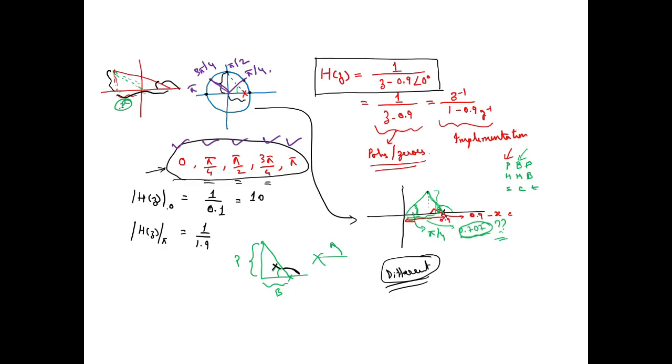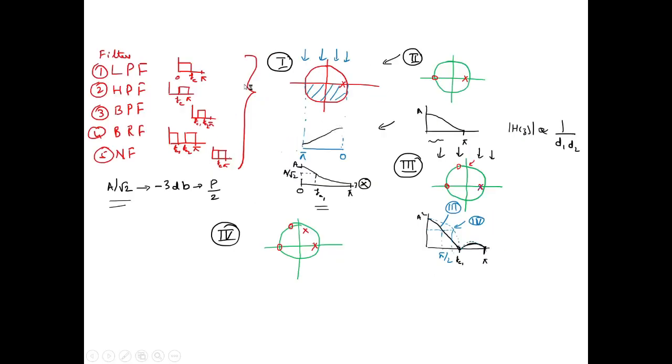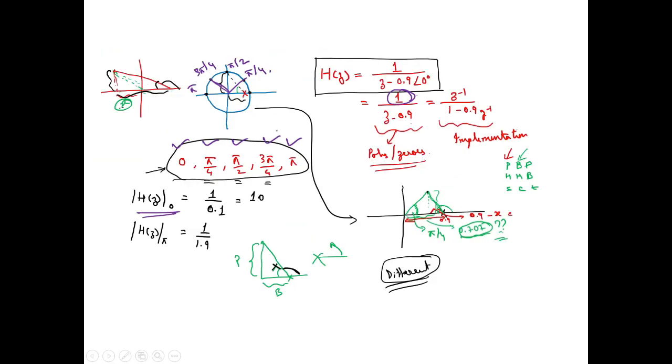So modulus of H(z) at 0: the numerator is 1, and the denominator is 0.9 away. So the distance of the pole to the frequency point is this one.